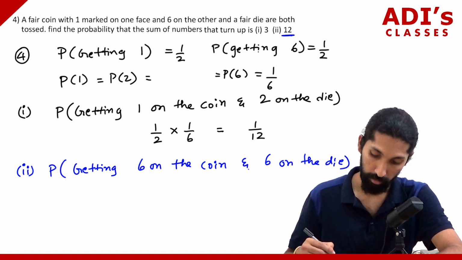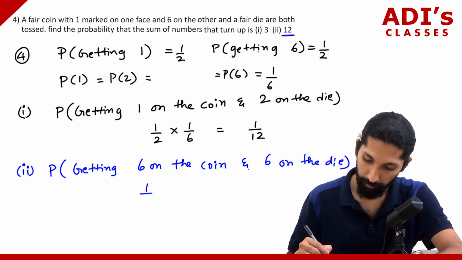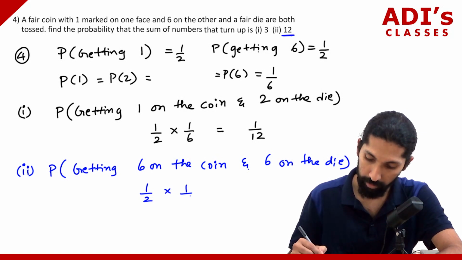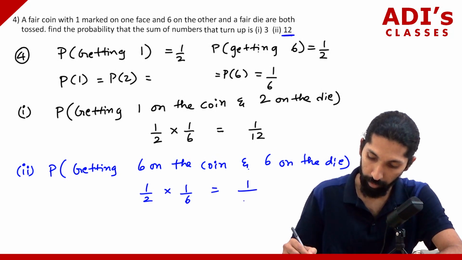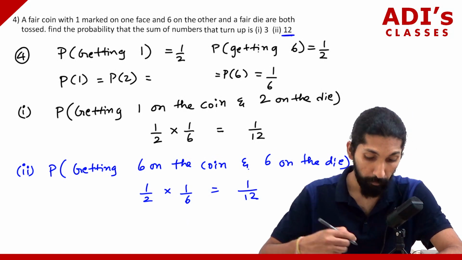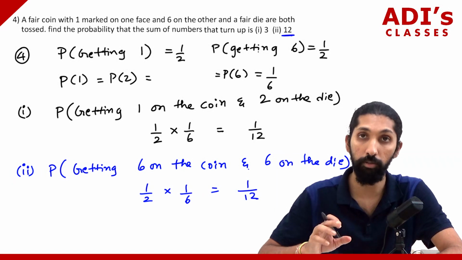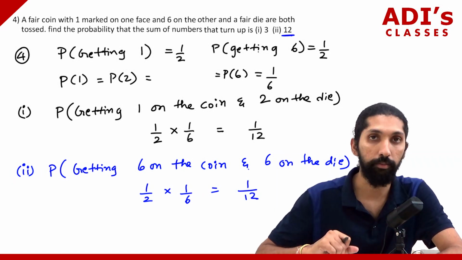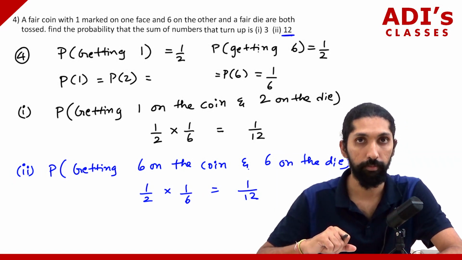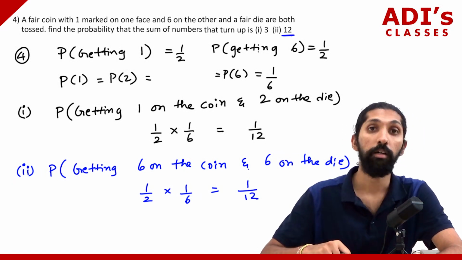So which is going to be half into 1 by 6, which is going to be 1 by 12. So these two are equally likely events. Alright, so both the answers are 1 by 12 and 1 by 12. Fine. Now let's do the next one.